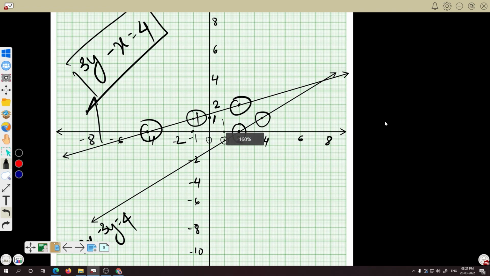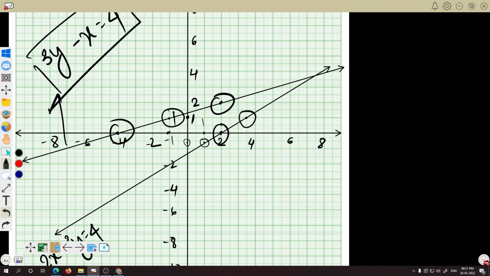We need to zoom in to find out the point of intersection. If you look at this point, if I drop a perpendicular to this, so this is 7.5 and this is 3.7 something.